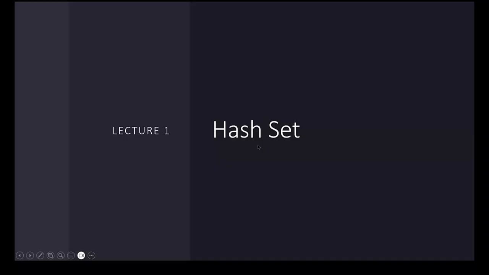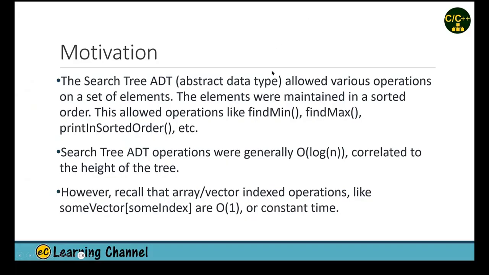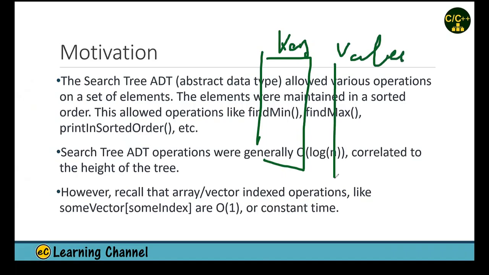Hash set is also order of one. With a hash map you have key and value, and with a hash set you don't have a value.